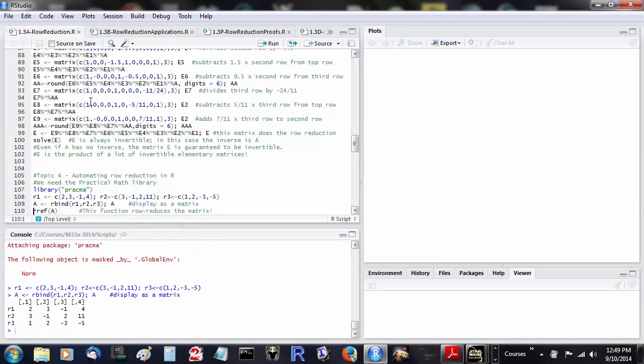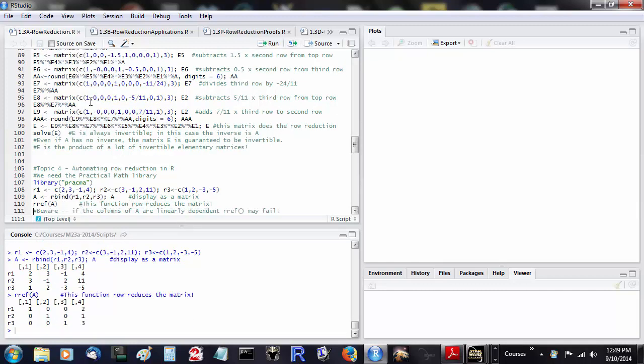So let's start with our three vectors, display them as a matrix, and try this out. I say RREF of A, kind of like calling your faithful dog, ref A, and presto, the matrix is row reduced, the equations are solved.